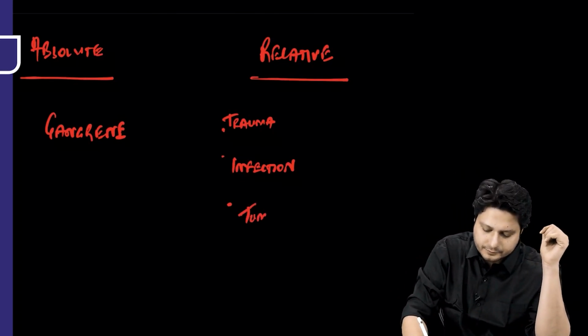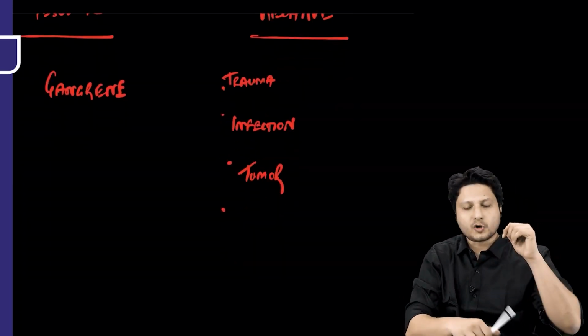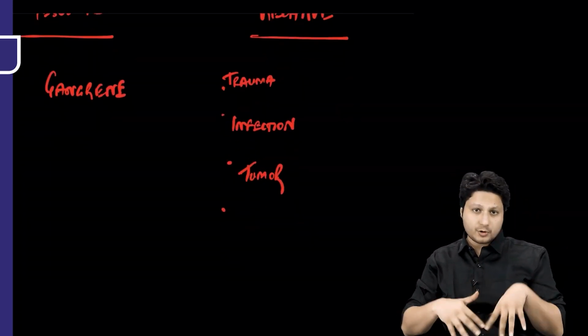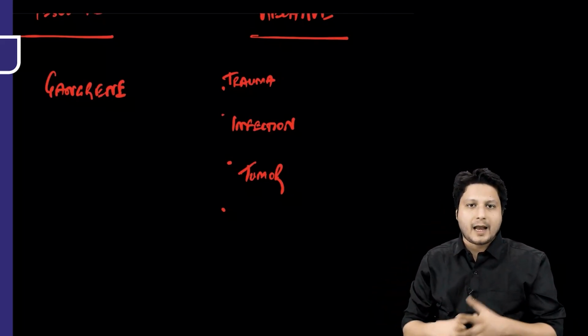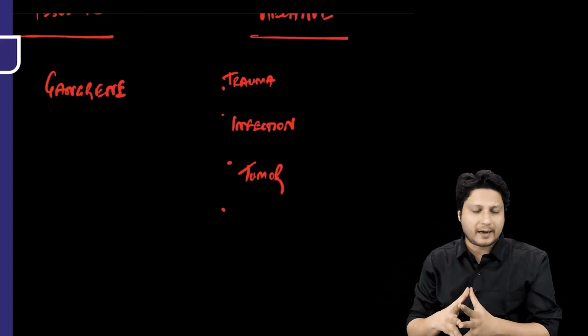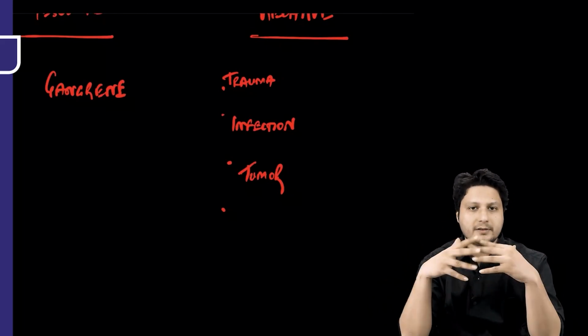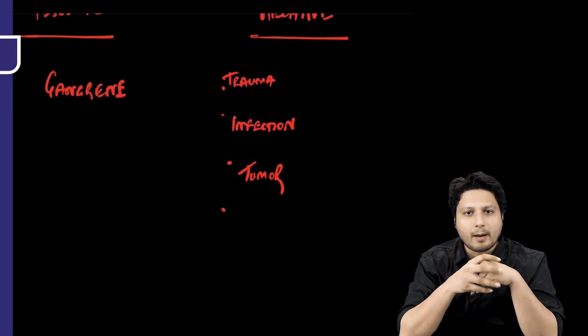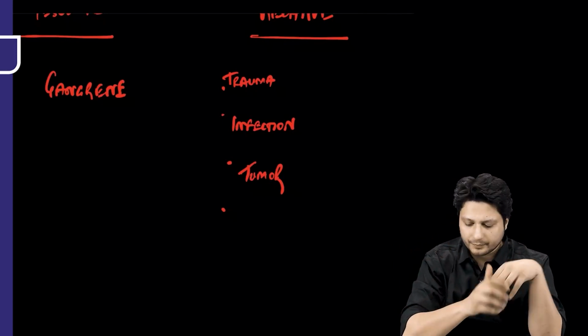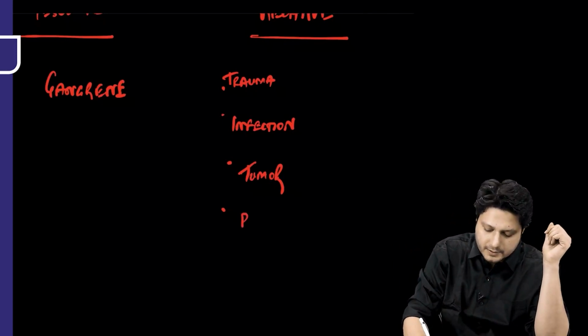Then tumor. In some sorts of malignant tumor which are diagnosed early in the course of the disease and have not yet metastasized, in order to increase the life expectancy or decrease the morbidity of the patient, you can perform amputation of that limb or a part of the limb. All right. Then the burns.